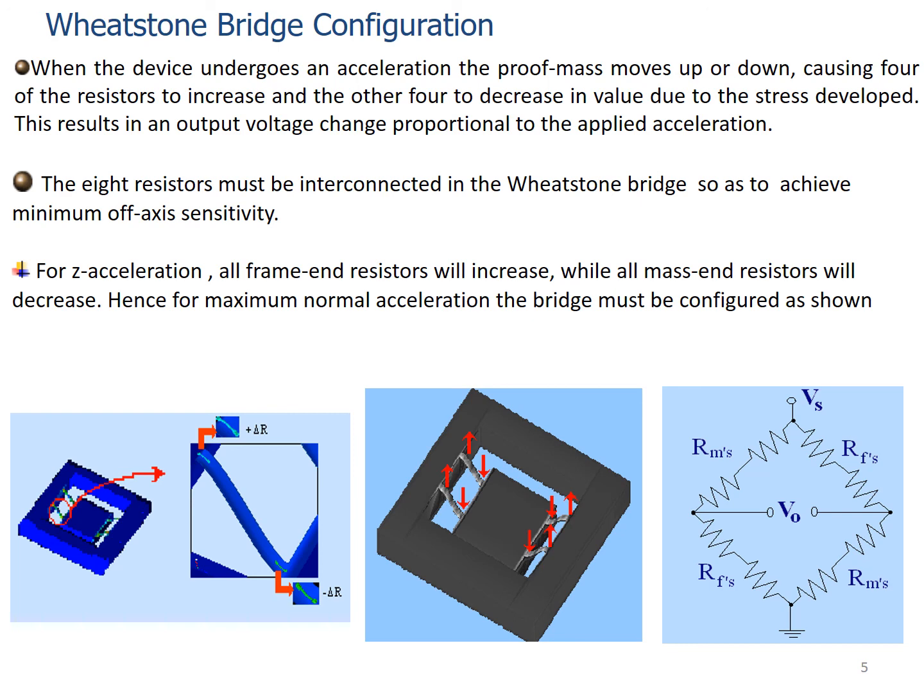So obviously what should be our requirement? The sensing axis sensitivity should be maximum, right? And the off-axis or cross-axis sensitivity should be as minimum as possible, so that some undesired directional force or acceleration cannot affect my measurement.